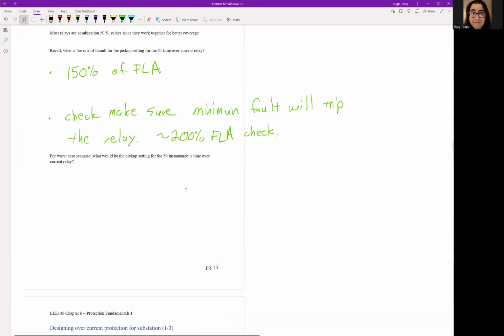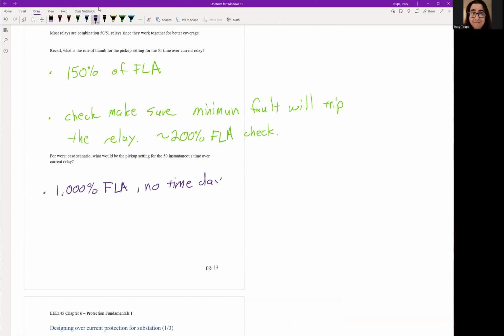Now, that's for the 51 element. Within the relay, you're going to have a second, 50 pickup you're going to have to program. For this one, again, worst case scenario, we're looking at about 1000% full load amps as the setting. No time delay.